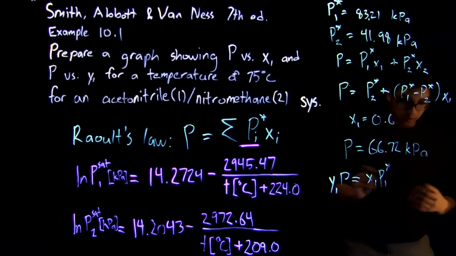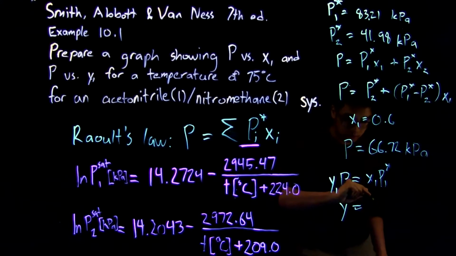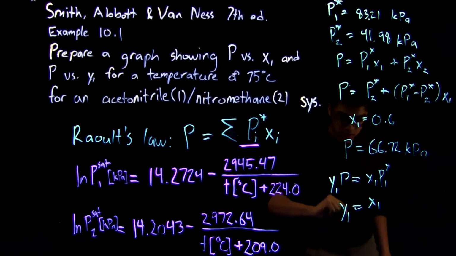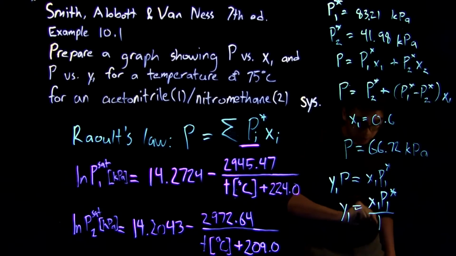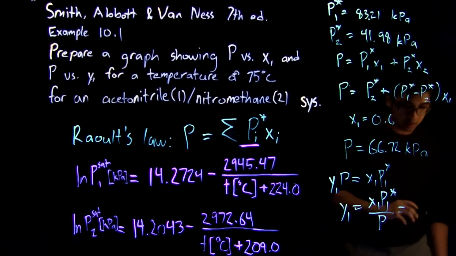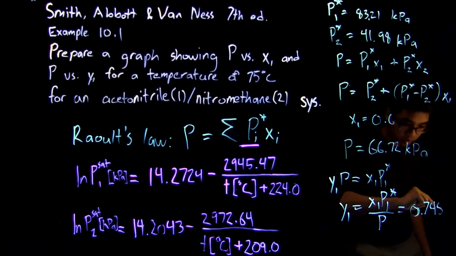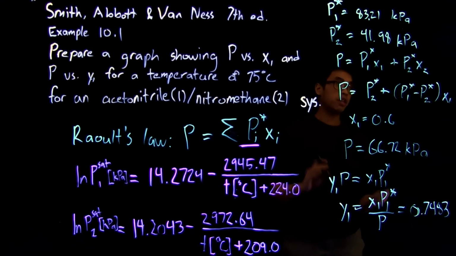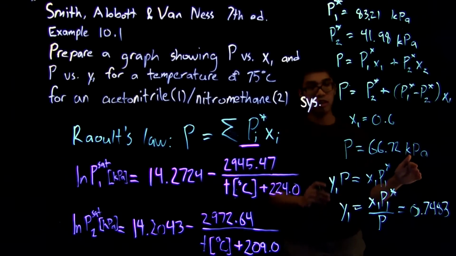So rearranging, we write this as y1 equals x1 P1 divided by P, and this gives us 0.7483.